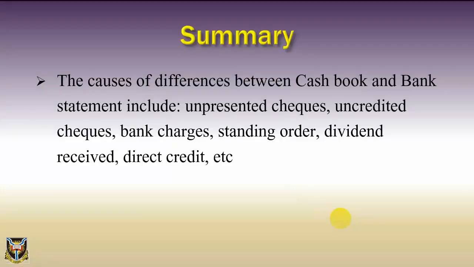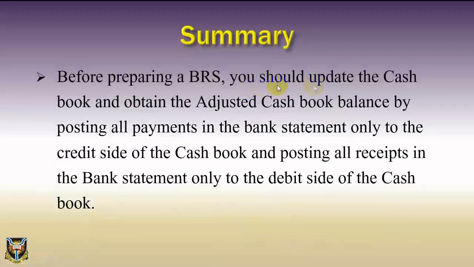The causes of differences between cash book and bank statement include payment in the cash book only, unpresented checks; receipts in the cash book only, uncredited checks; payment in the bank statement only, bank charges, standing order, etc.; and receipt in the bank statement only, dividend received, direct credit, etc. Before preparing a reconciliation statement, you should update the cash book and obtain the adjusted cash book balance by posting all payments in the bank statement only to the credit side of the cash book and posting all receipts in the bank statement only to the debit side of the cash book.